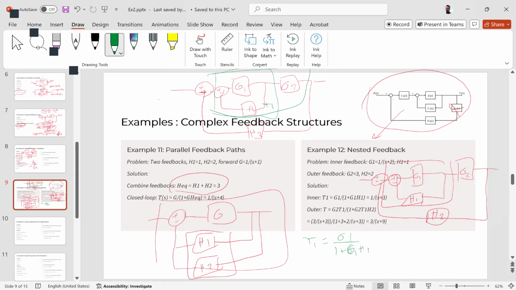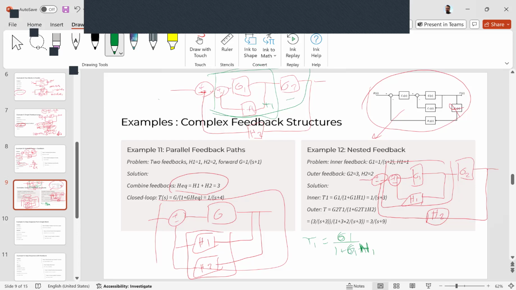This is G, okay? Forget about my handwriting. Okay? Now, this is T2, the series of T1 and G2. T2 becomes G1 G2 over 1 plus G1 H1. Are we good?